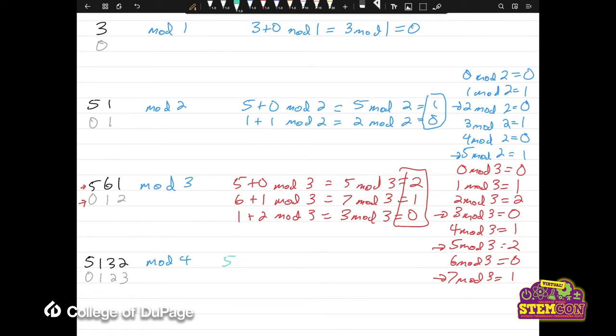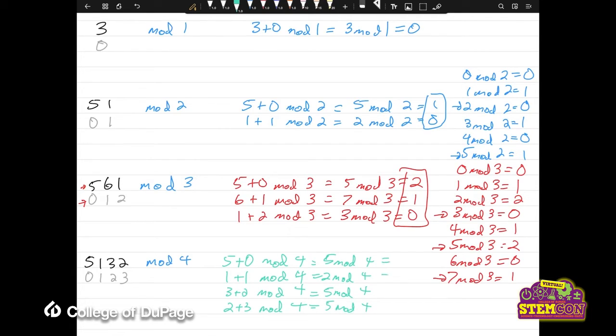Right, so we've got 5 plus 0 mod 4, 1 plus 1 mod 4, 3 plus 2 mod 4, and 2 plus 3 mod 4. Okay, and so here we've got 5 mod 4, 2 mod 4, 5 mod 4, and 5 mod 4.